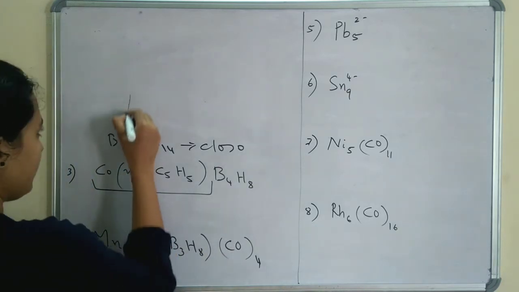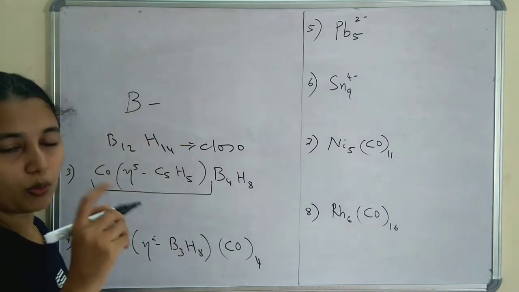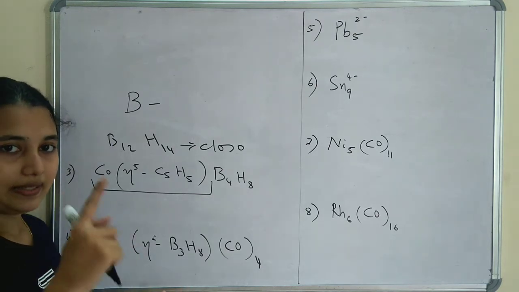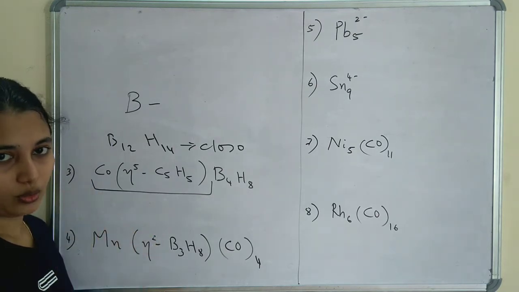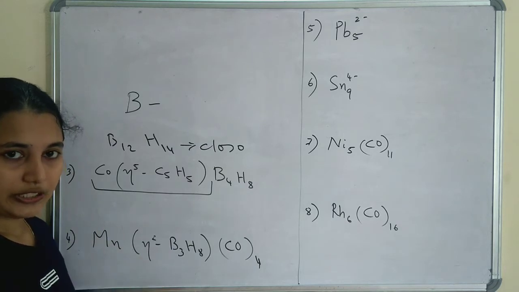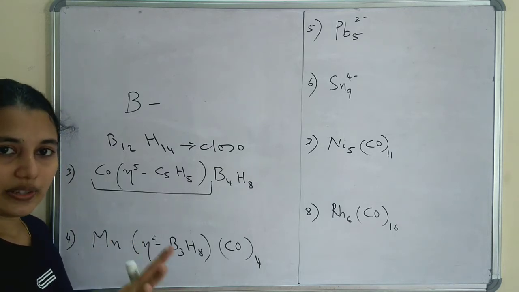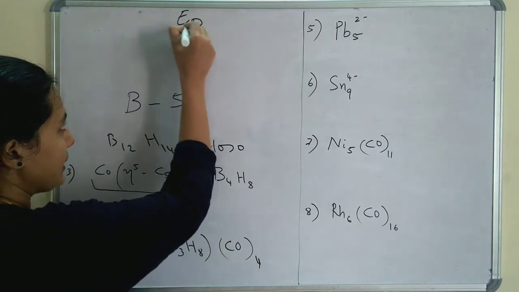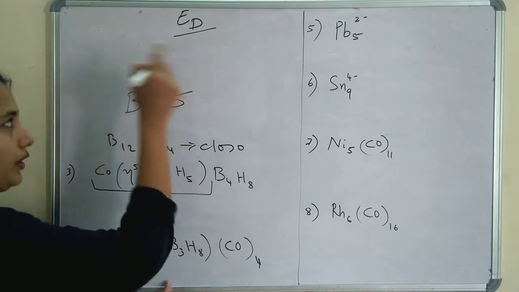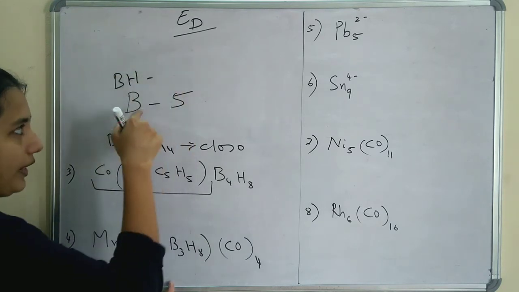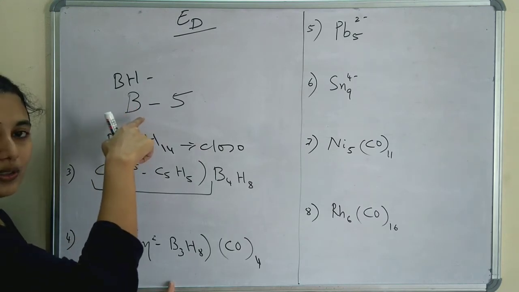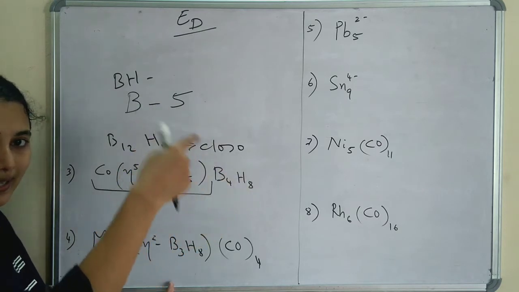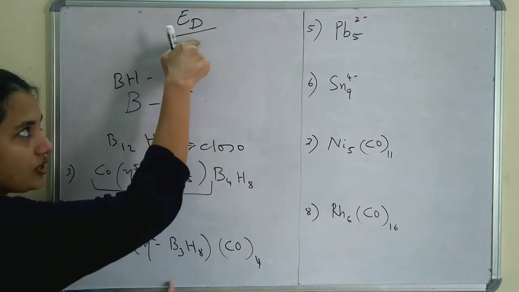So electron deficiency for boron. Boron has 3 outer electrons. To attain 8 we need 5 more electrons, so the electron deficiency ED of boron is 5. Now BH, adding 1 hydrogen: 3 plus 1, 4 electrons, so the electron deficiency is 4.